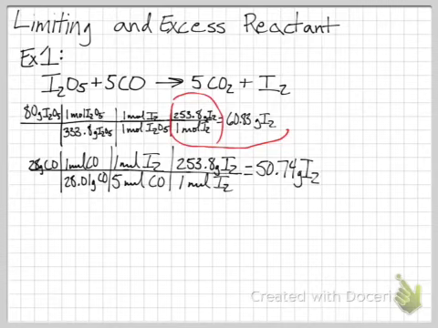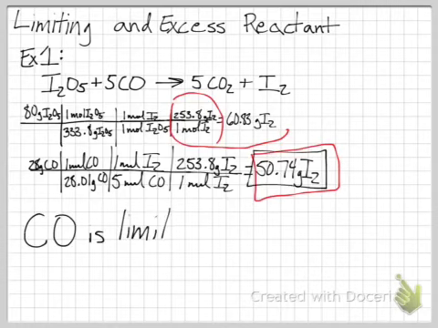Now, to figure out which one is my limiting reactant, I look to see which of my calculations gave me the least number of grams produced. I see that my calculation with carbon monoxide gave me the least amount. I have 50.74 grams produced. Because of this, carbon monoxide is my limiting reactant.